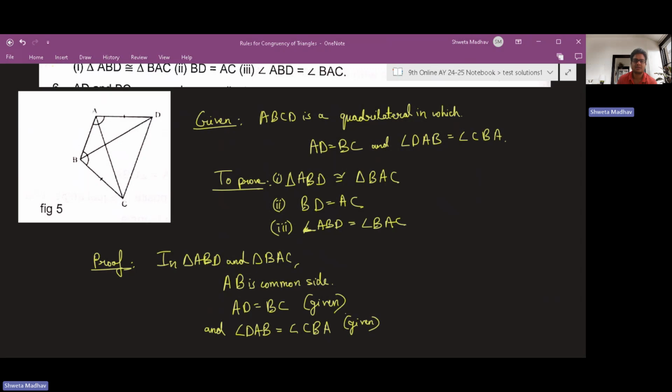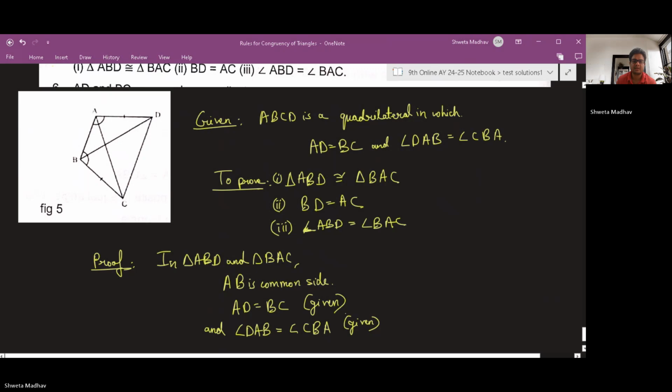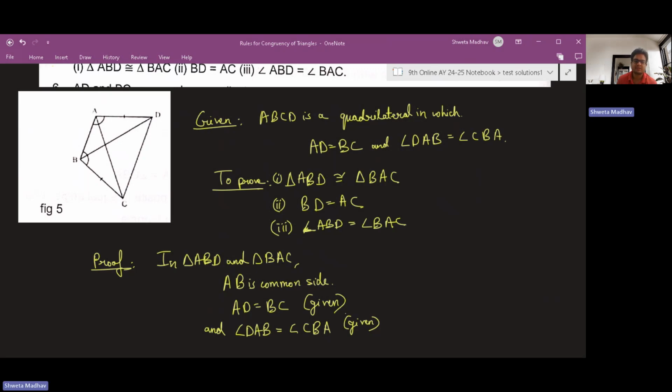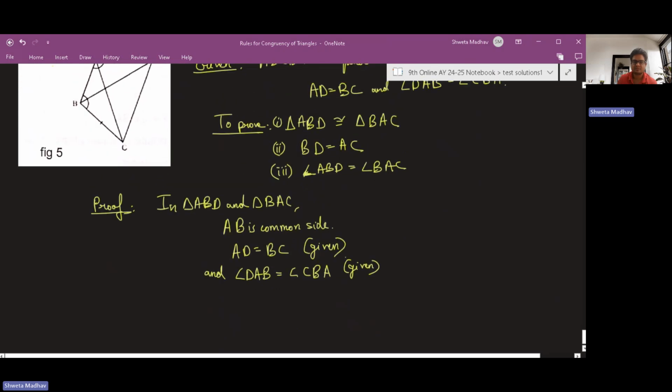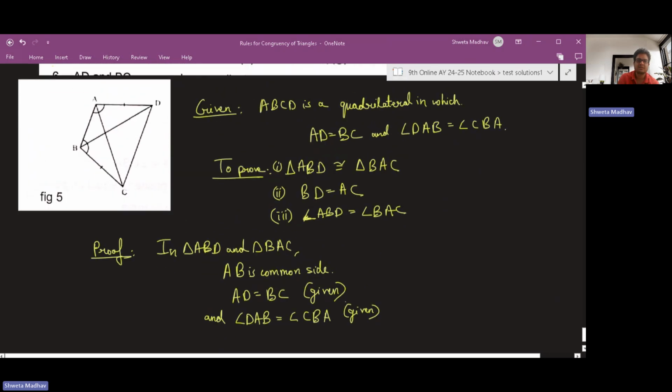So here we can see that we are using two sides and the included angle. The two sides and included angle in triangle DAB are the same as the two sides and included angle in triangle CBA.